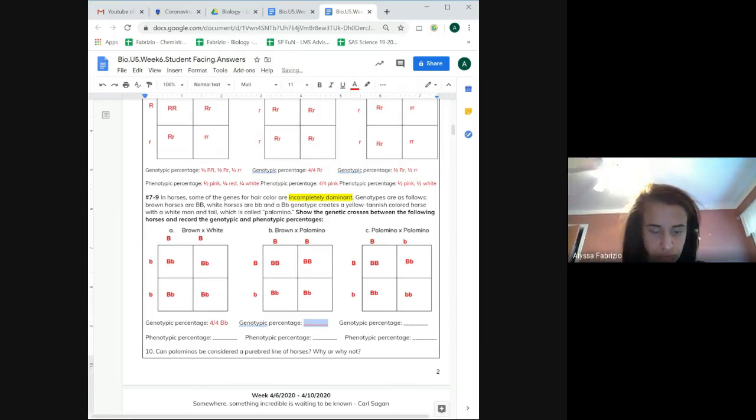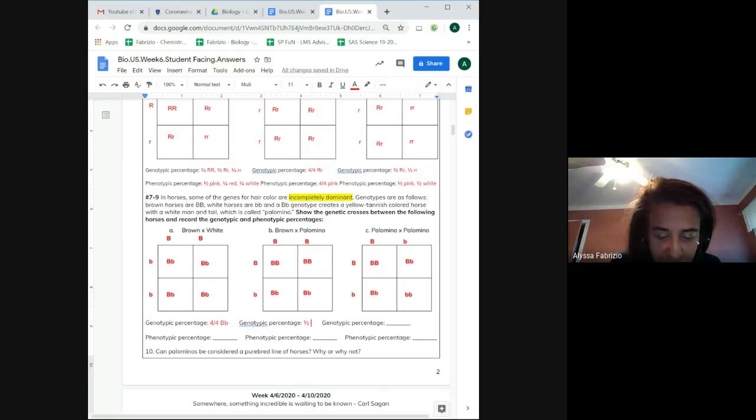So 2 are going to be heterozygous. 2 out of 4, right? Yep, 2 out of 4. I said 2 out of 4 are going to be what? Heterozygous. Heterozygous what? Dominant or recessive? Not recessive, the other one. Dominant, good.